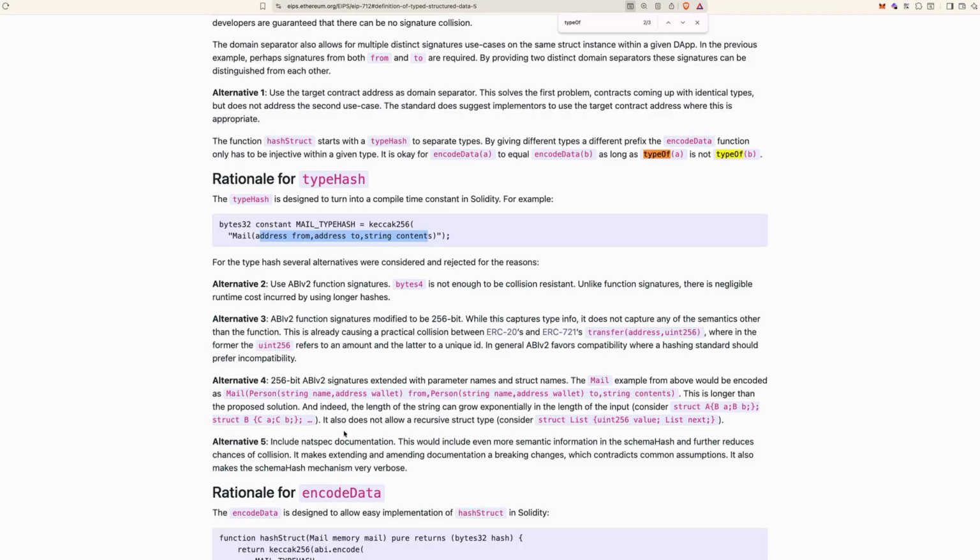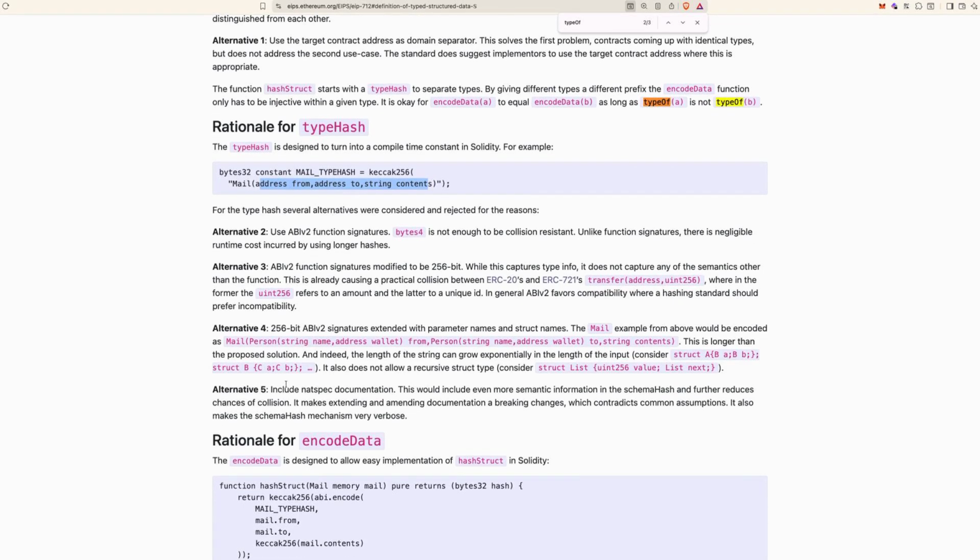It also does not allow a recursive struct type. Include NatSpec documentation. This would add even more semantic information in the schema hash and further reduce chances of collision. It makes extending and amending documentation into breaking changes, which contradicts common assumptions. It also makes the schema hash mechanism very verbose.